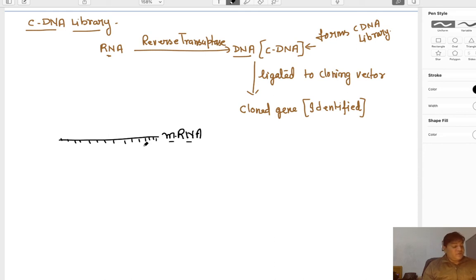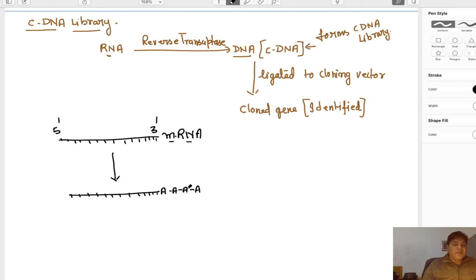So we have an mRNA here. On the mRNA we anneal poly A at its 3' end. So this is the 3' end, this is the 5' end. What do we do? We place many adenine molecules, A like that, up to 200 to 250 A's.